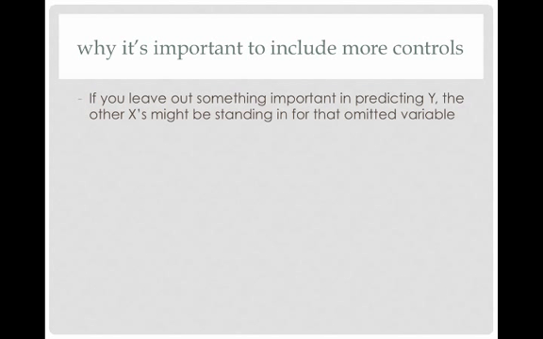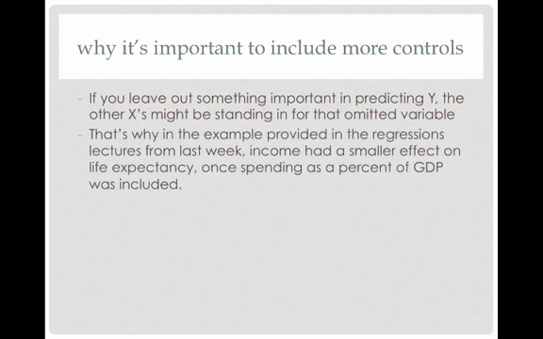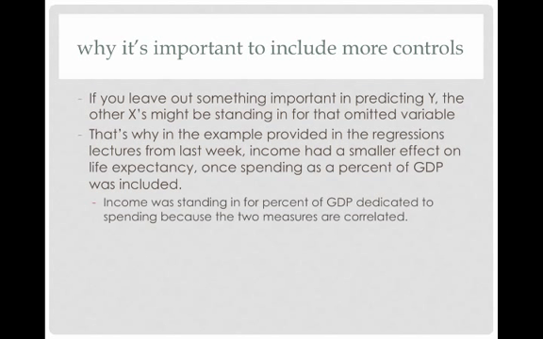Why it's important to include more controls. If you leave out something important in predicting y, the other x's might be standing in for that omitted variable. That's why in the example provided in the regression lectures from last week, income had a smaller effect on life expectancy once spending as a percent of GDP was included.